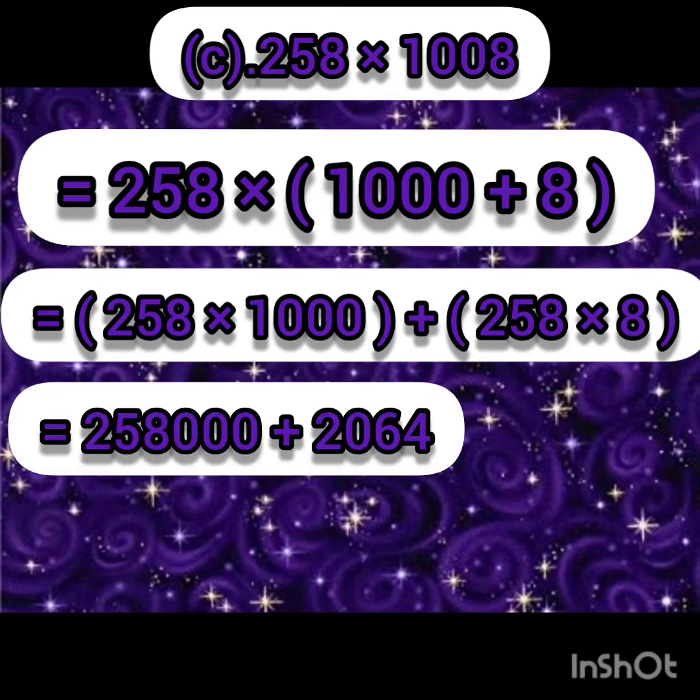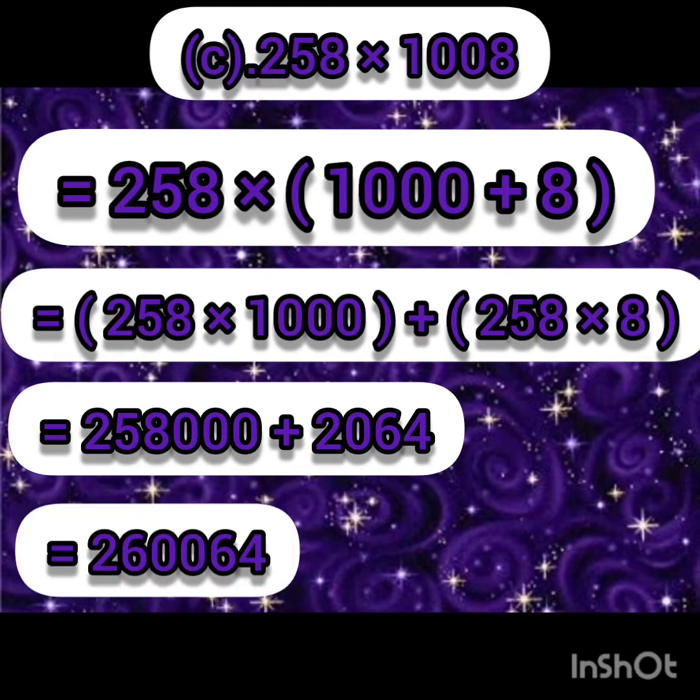The product of 258 with 1000 gives the result 2,58,000 and 258 multiplied by 8 gives the result 2064. Let's add 2,58,000 and 2064. So the result is 2,60,064.